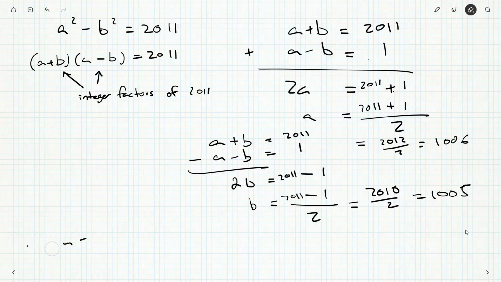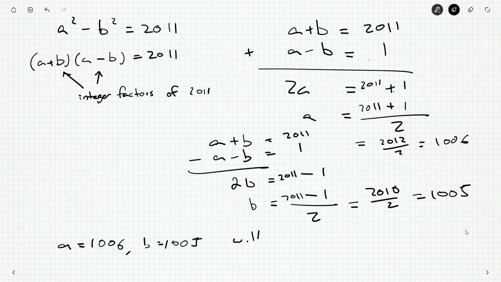That's not really a therefore statement, but A equals 1006, B equals 1005 will suffice.